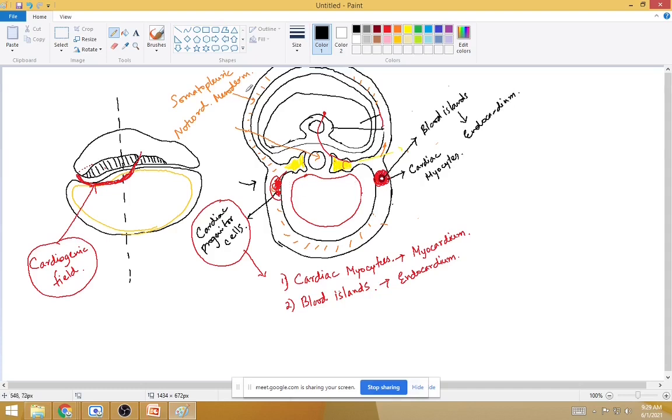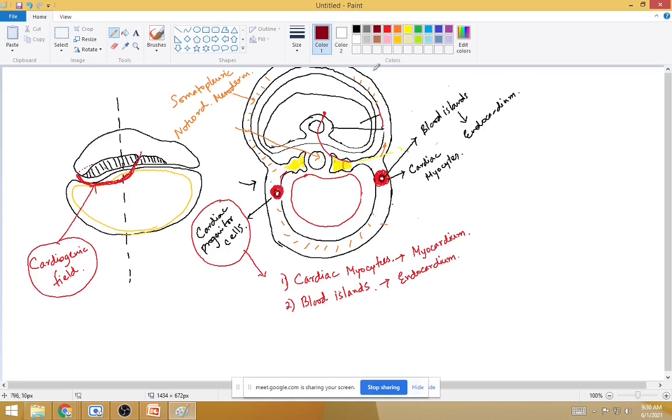Now what have we got? We have got two areas with future endocardium and myocardium, in a horseshoe shape. Here you see these are the cardiac myocytes, and inside there are hemangioblasts.